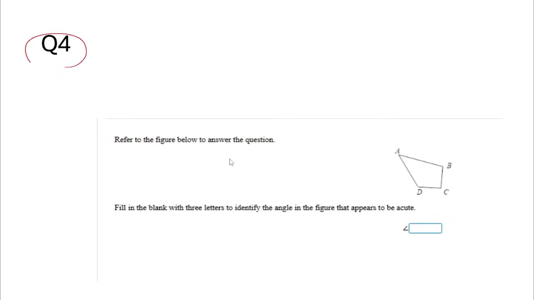Question number 4 says, refer to the figure below to answer the question. I have this figure. Fill in the blank with 3 letters to identify the angle. That means it's looking for an angle in the figure that appears to be acute. As I explained earlier, we have 3 types of angles. This one is a right angle. This one is an acute angle. This is a right angle.